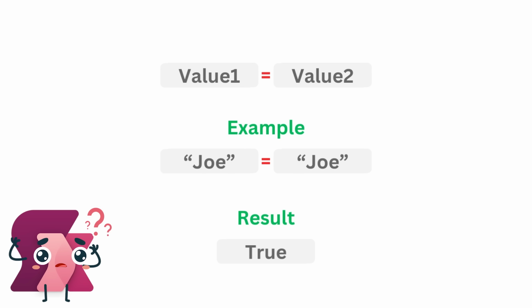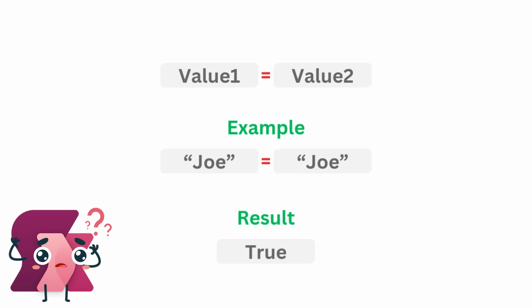Well, us as humans, we can understand that might mean the same thing, but in PowerApps and to a computer, they are two different things, because one is a digit, it's a number, and one is a string with three different characters. So they are not exactly equal to, so the result would be false. It's important to understand the different types, what you're trying to compare, and when to use equal to.